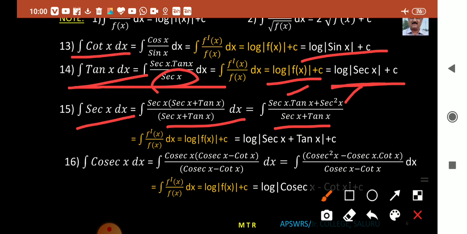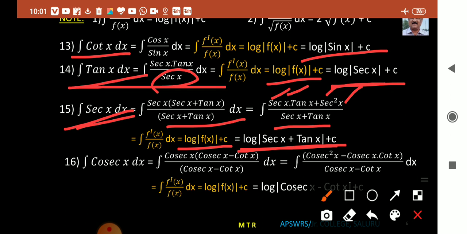The derivative of the denominator is, yes, the derivative of secant x is secant x tan x. The derivative of tan x is secant square x. So the derivative of the denominator is the numerator. So apply the formula log modulus denominator. That is log modulus secant x plus tan x plus c. So integral secant x dx is log modulus secant x plus tan x plus c.